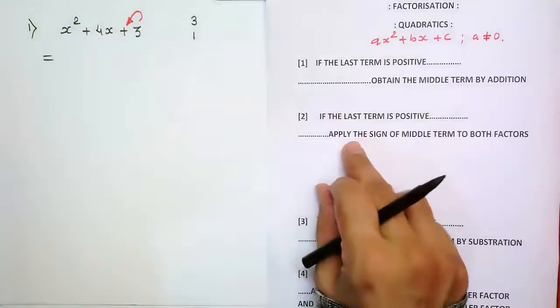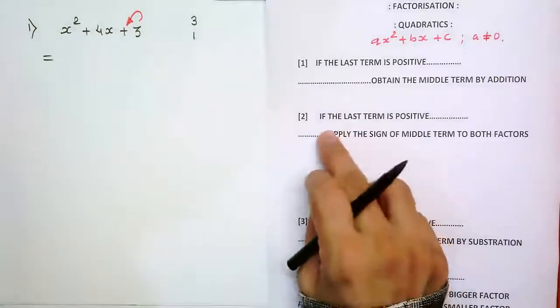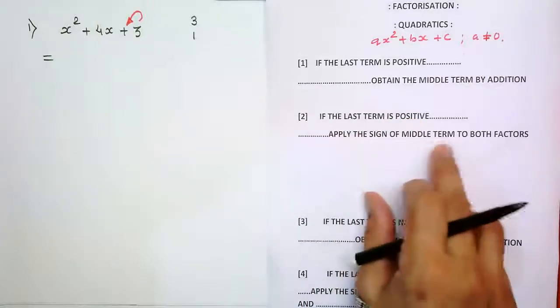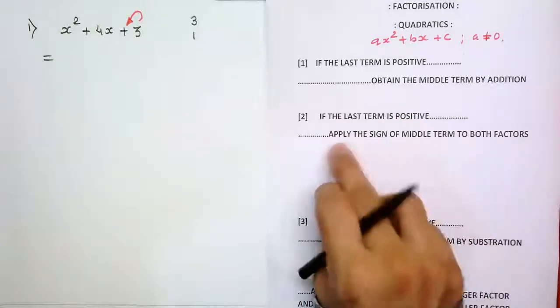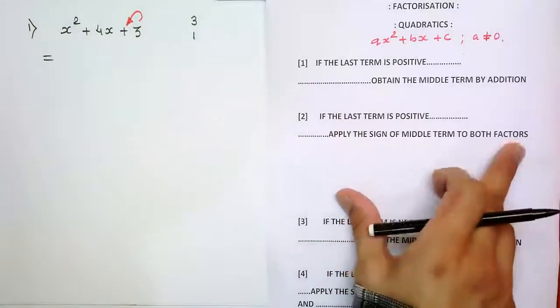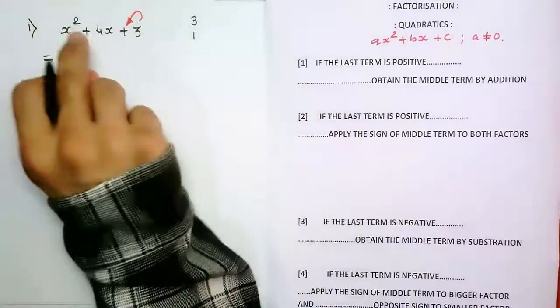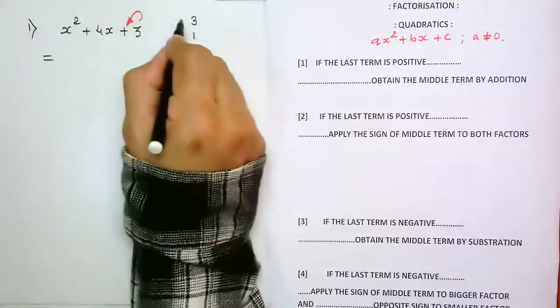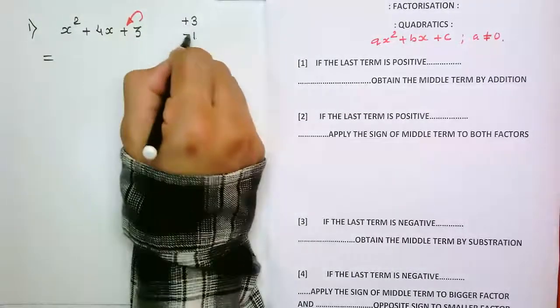Now see this second rule. If the last term is positive, apply the sign of the middle term to both factors. Here, the middle term is positive, so I have to apply positive sign to both the factors.